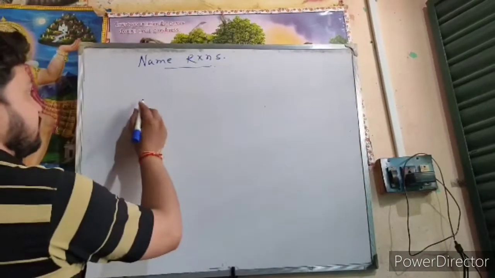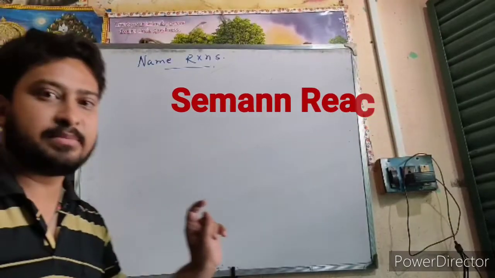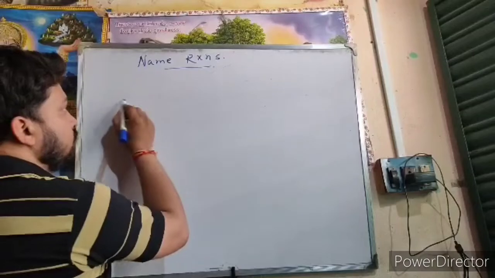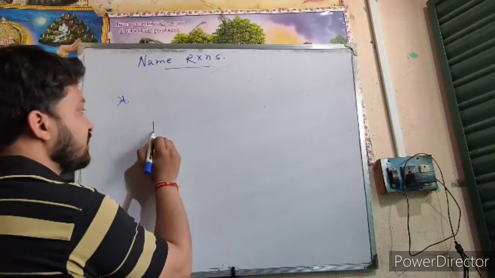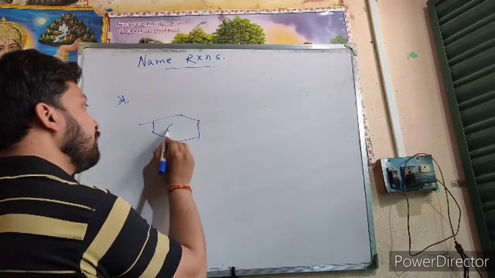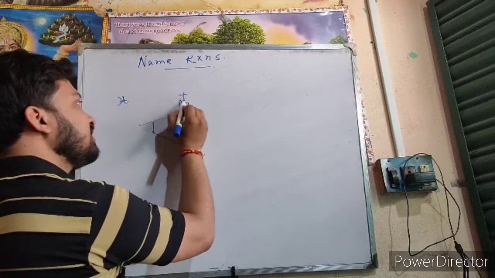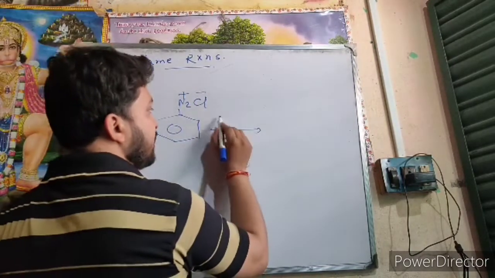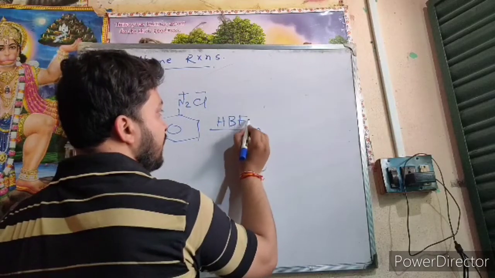Now the next reaction is the Schiemann reaction. So what is the Schiemann reaction? You take benzene diazonium chloride, that is N2 plus and Cl minus, and it reacts with HBF4.